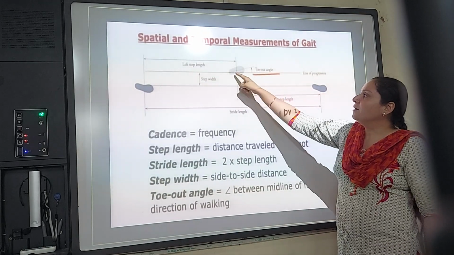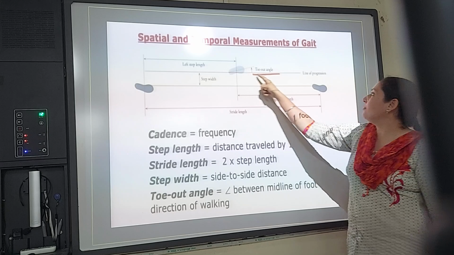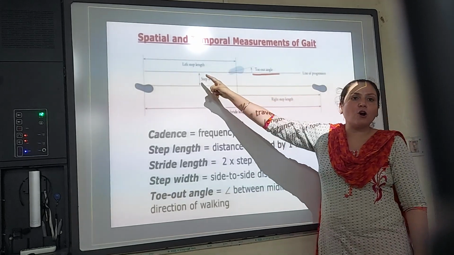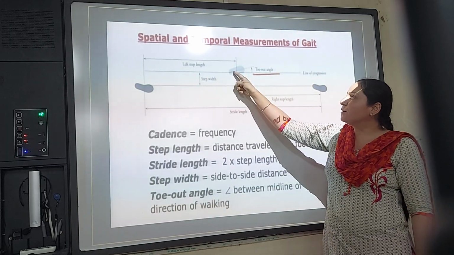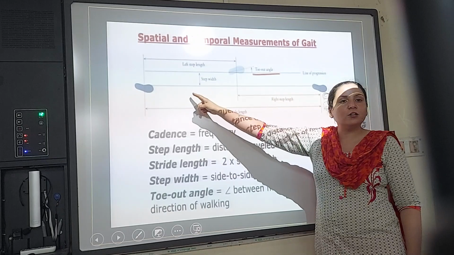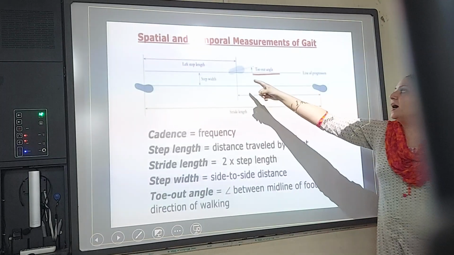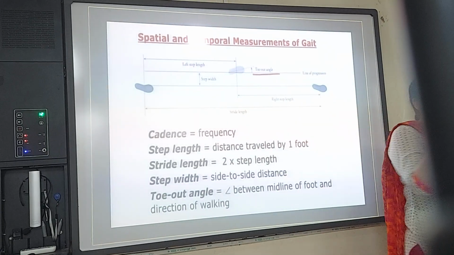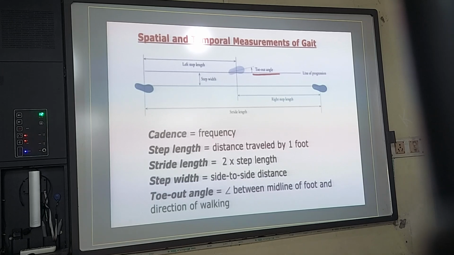It is different for the left foot and different for the right foot. Remember that. The angle made from the second metatarsal to the heel becomes the toe out angle, which is normally how many degrees?